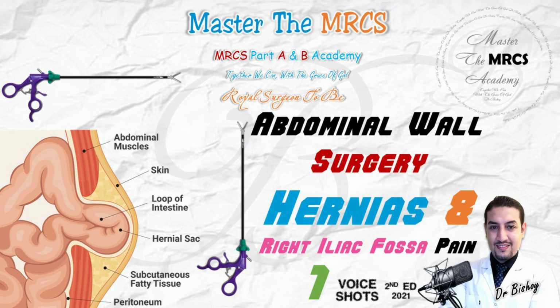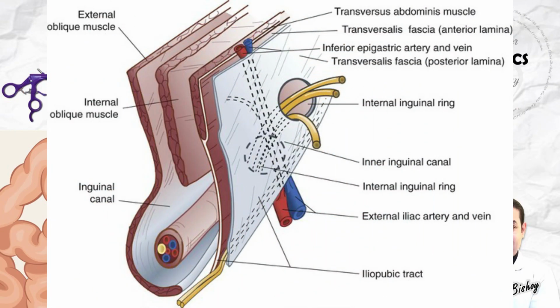The inguinal canal is a short passage that extends inferiorly and medially through the inferior part of the abdominal wall. It's superior and parallel to the inguinal ligament. So when we mention the inguinal canal, keep in mind its relation to the inguinal ligament. The canal serves as a pathway by which structures can pass from the abdominal wall to the external genitalia, especially in males.